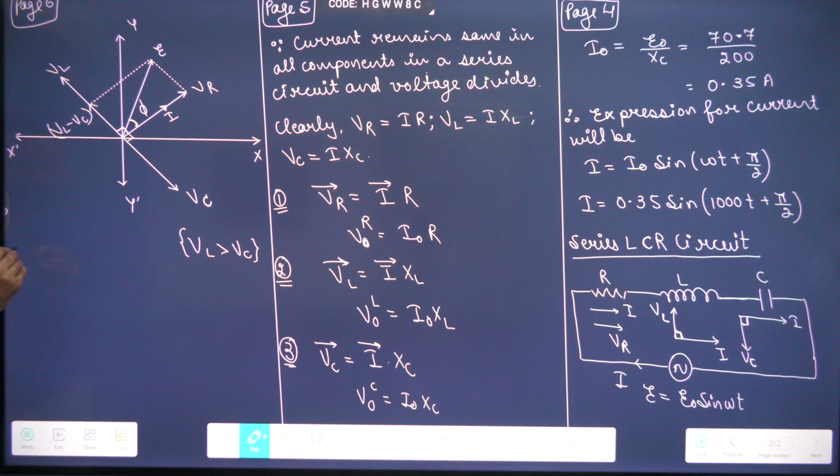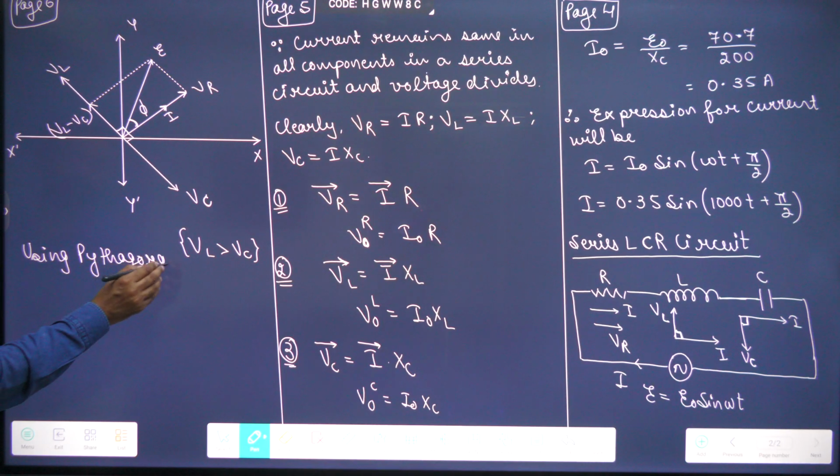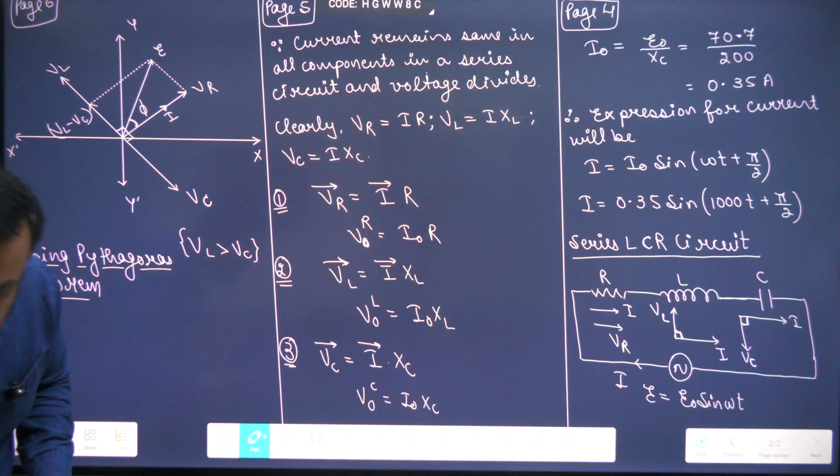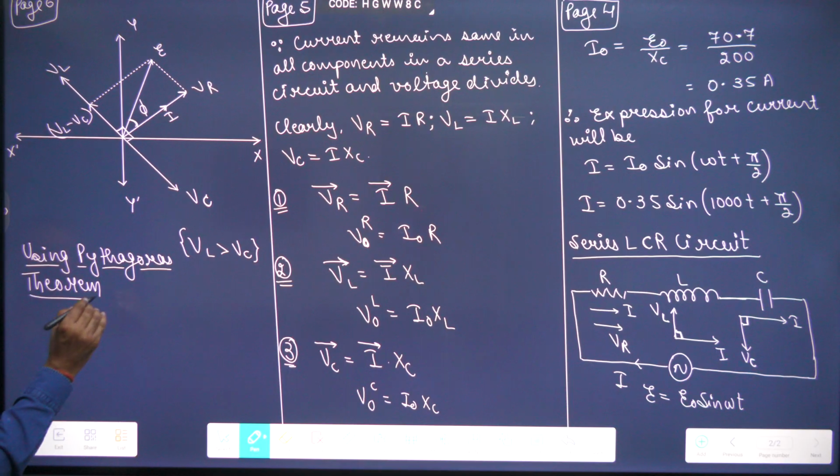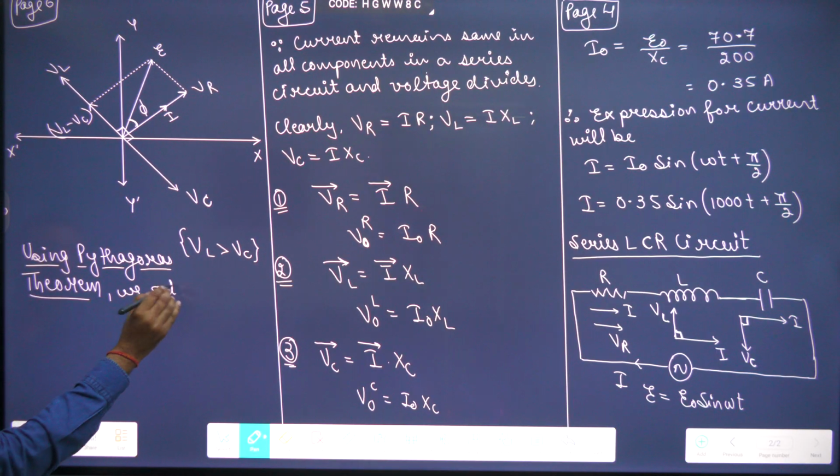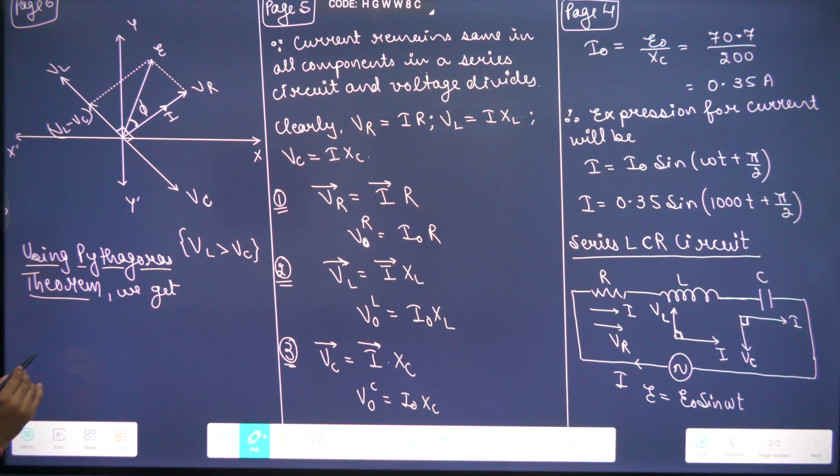Using Pythagoras theorem, we are on page number 19 of the notes, we get E naught square is equal to... Now, this is very important, please try to understand.